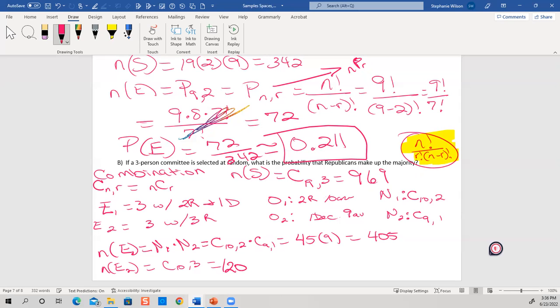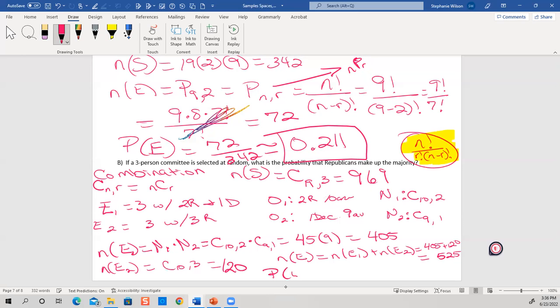Okay, so almost done, guys. Thank you for hanging in there. So now I'm going to take the number of elements in that event, and I'm going to add event 1 plus event 2. So I got 405 plus 120 is equal to 525. Last step now.